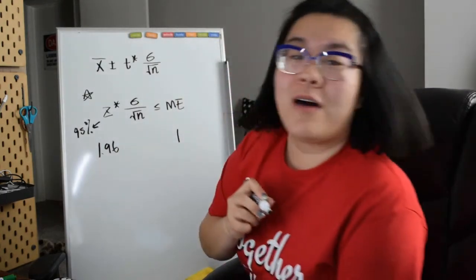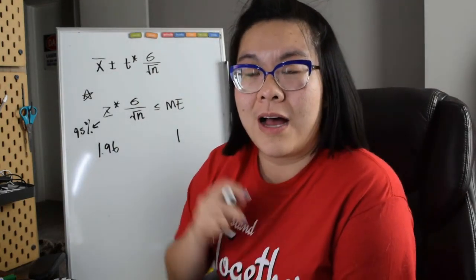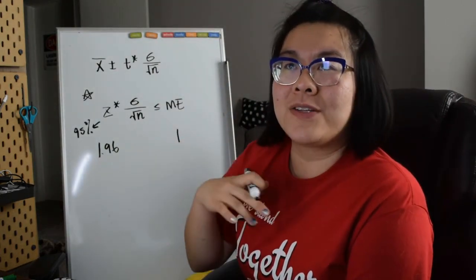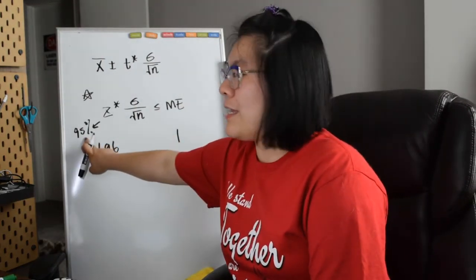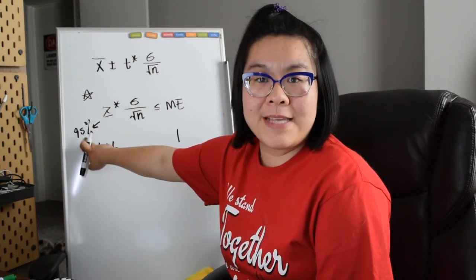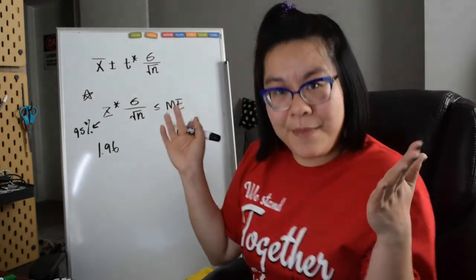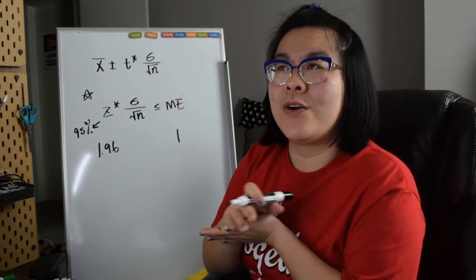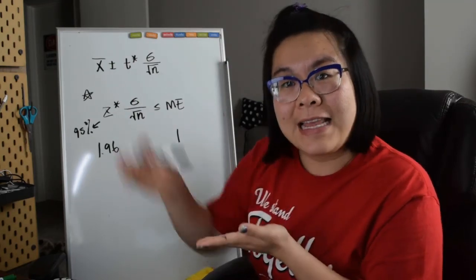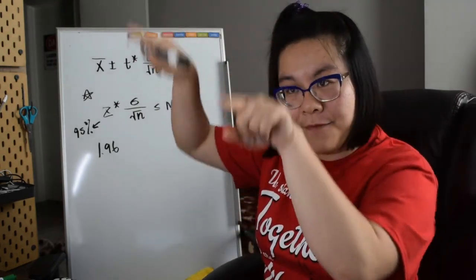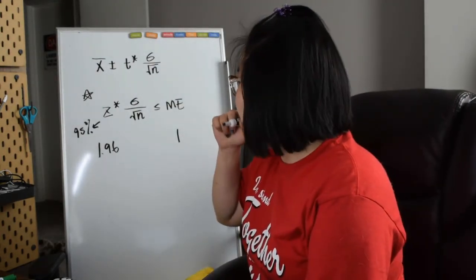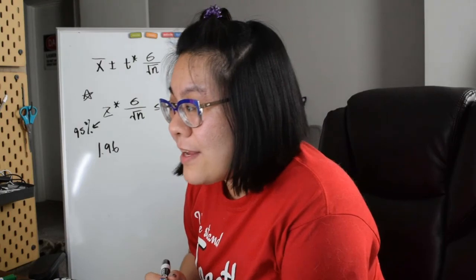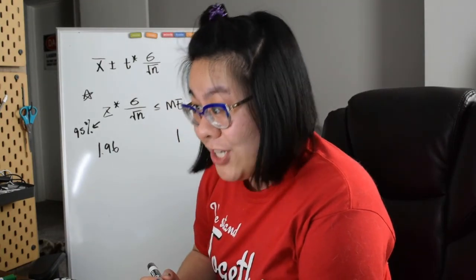If you do not know how to find the z star, you need to go back to the 8.2 video to check it out. Basically we take this 95 percent, use 1 minus 0.95 divided by 2, which is 0.025, find that inside the z table and find your value 1.96. Another piece of information is the standard deviation is 5.